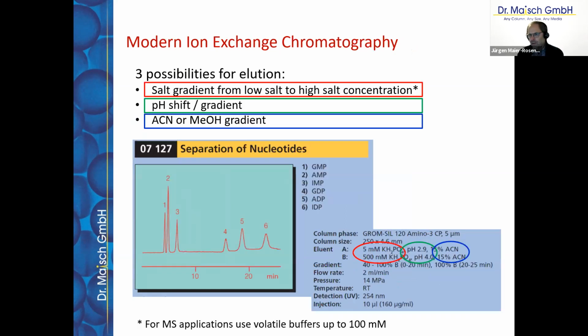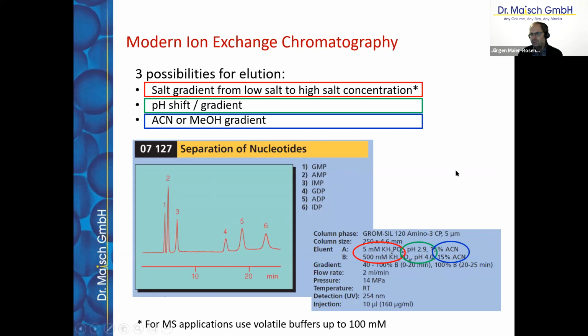Switching to the more modern approach, that's pretty important, because this approach shows us that there is not only the traditional salt gradient for elution, we have also two other possibilities. The green one is the pH shift or pH gradient, here a shift from 2.9 to 4.0. And the other possibility is to run a gradient of the organic modifier. So at the end, we have three possibilities.